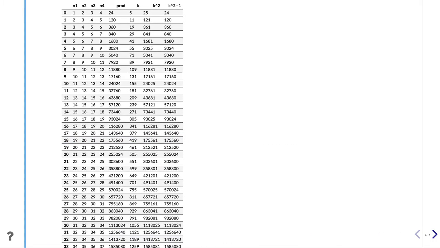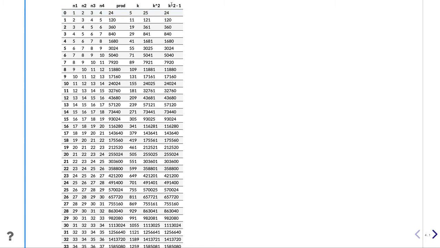So first let's actually look at some examples. Here we see a table of a set of four consecutive numbers and their product. In the first row we have 1, 2, 3, 4, the first four consecutive natural numbers, and their product 24. We want k square minus 1 to be equal to 24.